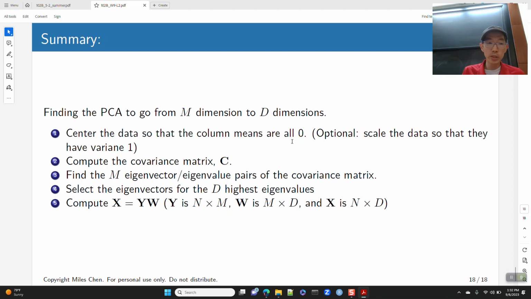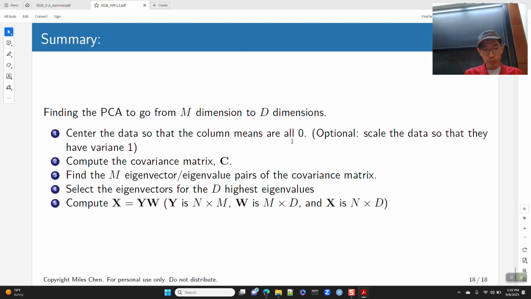So the way we do principal components analysis to go from m dimensions down to d dimensions is we have to center the data, so the column means are all equal to 0. You can optionally scale the data so everything has a variance of 1. If you do that, then the covariance of your scaled data is equal to the correlation matrix, so you can do principal components analysis on the correlation matrix as well.